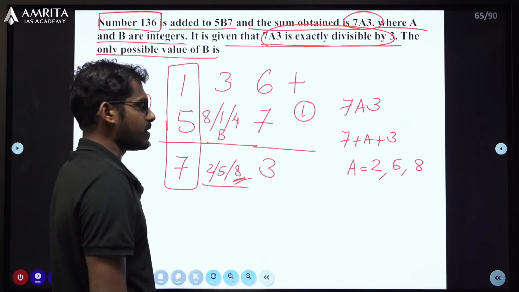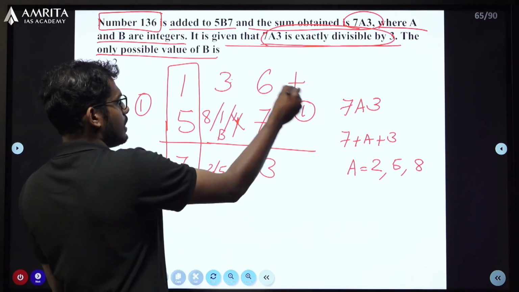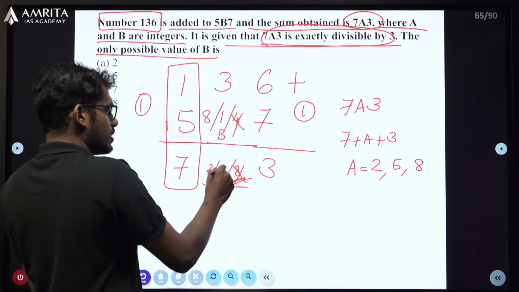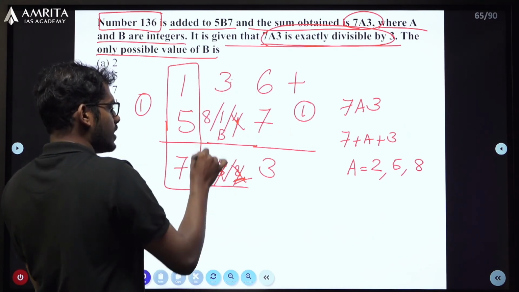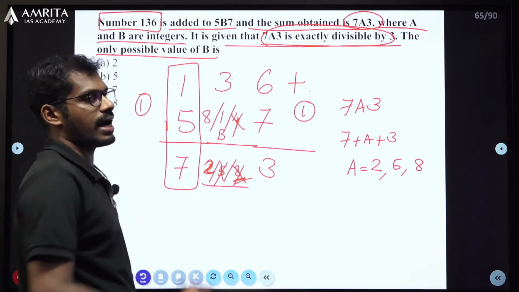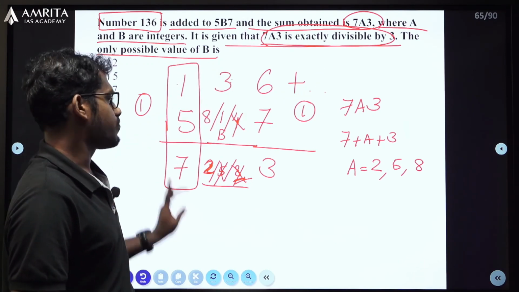So no remainder left here. So 4 cannot be an option. Then 3 plus 1 plus 1, 5, but no remainder is here. So 5 is not possible. So 3 plus 1, 4, 4 plus 8, 12, yes, 2 is possible with a remainder 1 and the remainder is added here. So remainder 1 plus 1, 2, 2 plus 5 is 7.